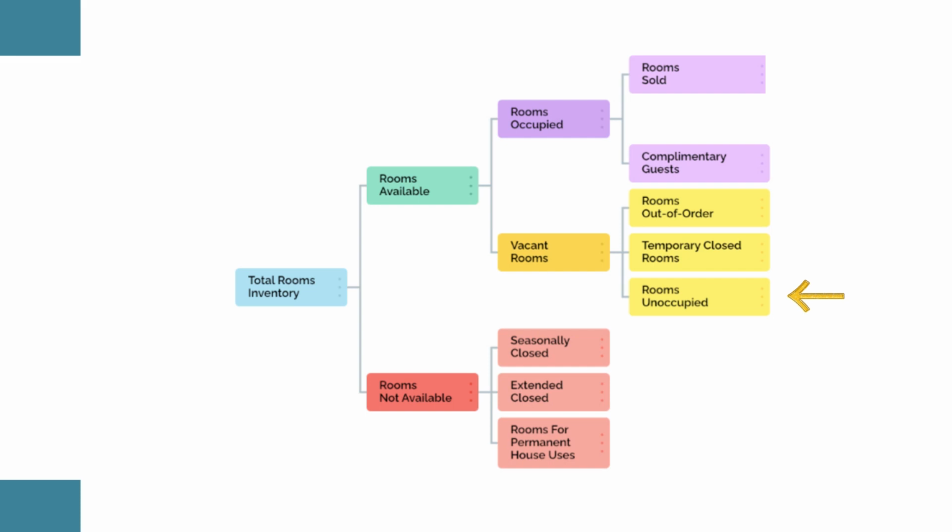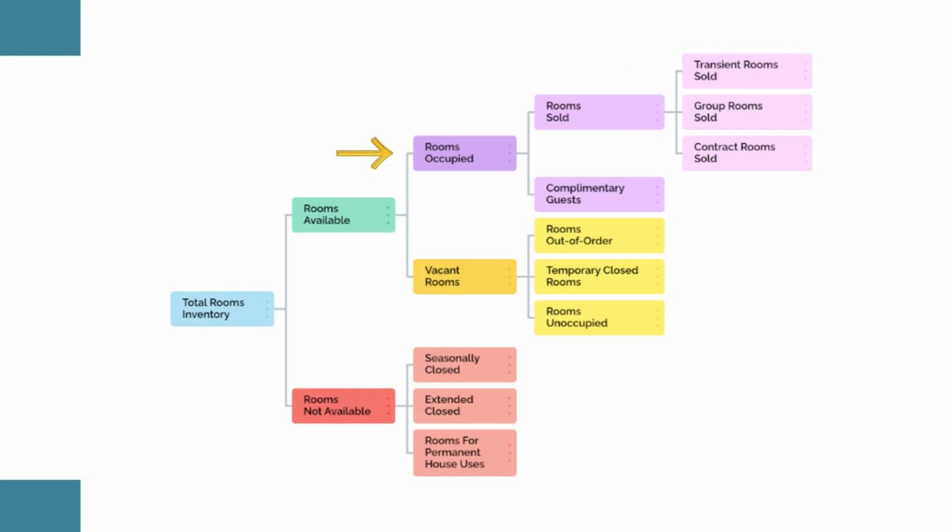Shifting our attention to occupied rooms, they are divided into 2 main categories: those generating revenue, and those designated for complimentary guests. Complimentary rooms occupied represent rooms provided free of charge for marketing or other purposes. This extends to include rooms allocated to owners, employees, or individuals on familiarization trips.